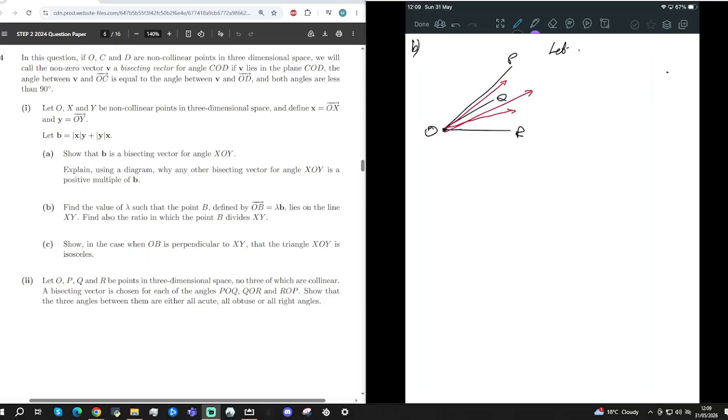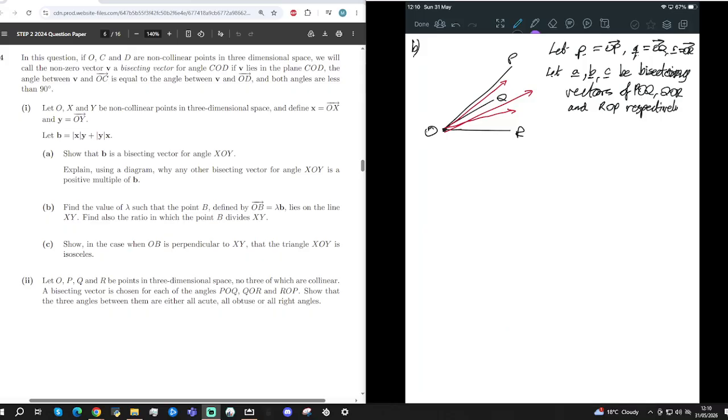So let the vector P be the position vector of P, Q be the position vector of Q, and R be the position vector of R. Let A, B, and C be bisecting vectors of POQ, QOR and ROP respectively.